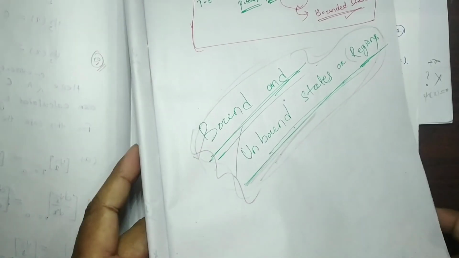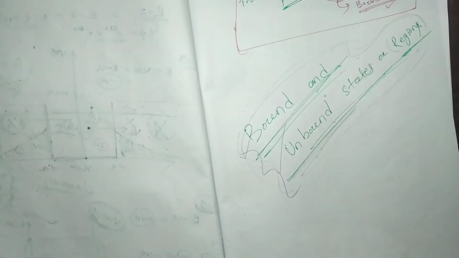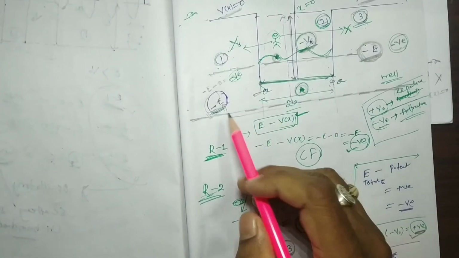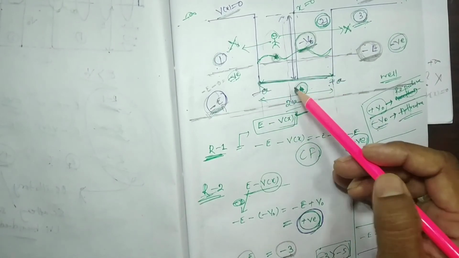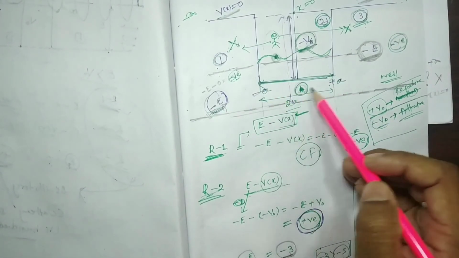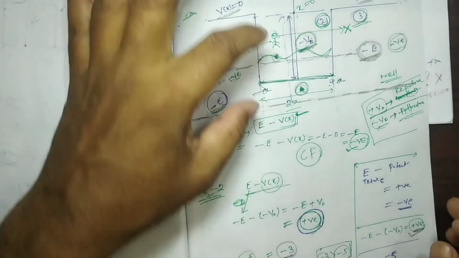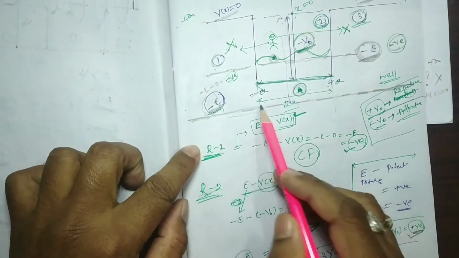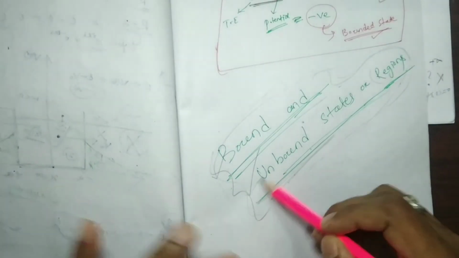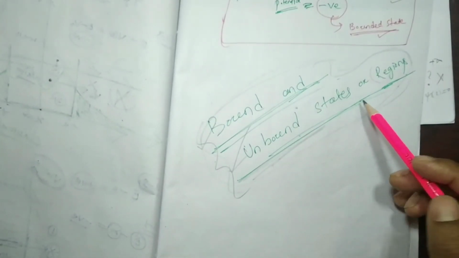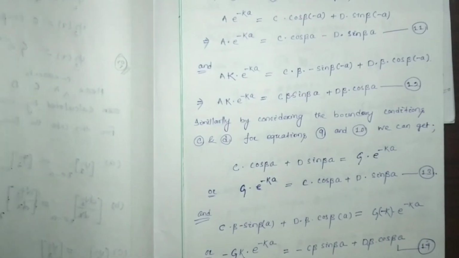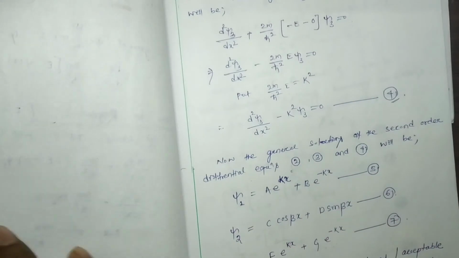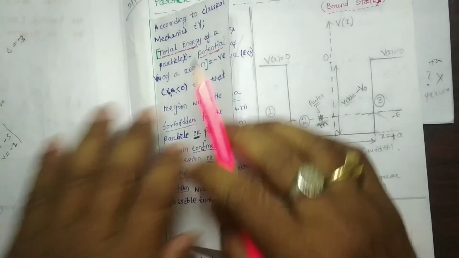In this video also I discussed how it will be a bound state if the energy is negative and less than V0. You can add this case to your note as well, whatever I told you, and you have to write down the notes for this topic, that is, this much.